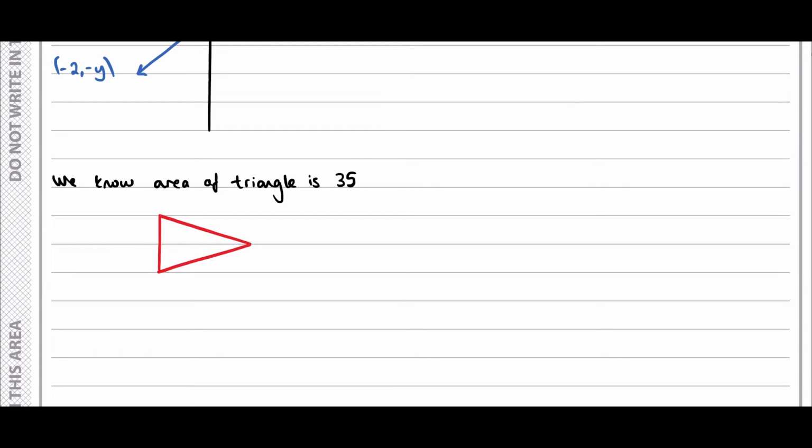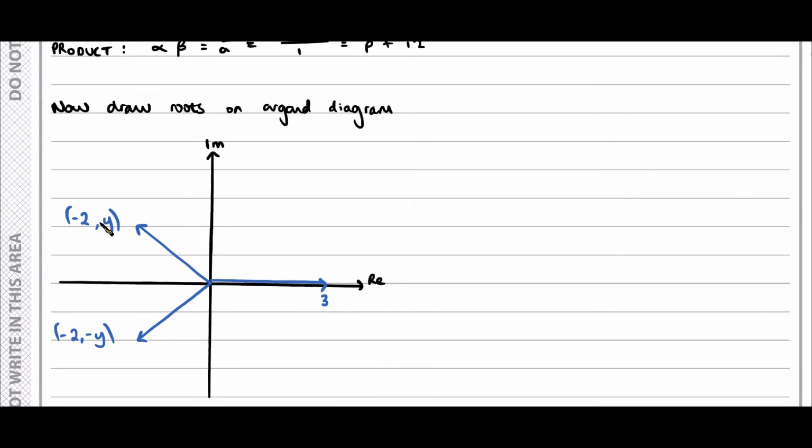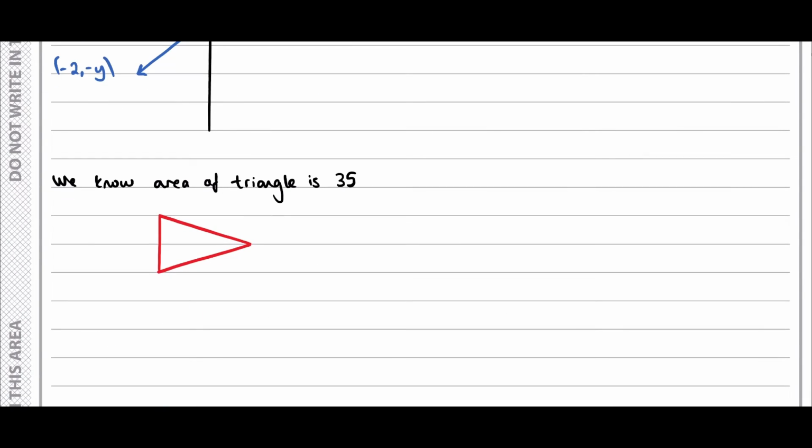Now we know that the base of the triangle, we're going from y to minus y, so that would be a length of 2y. So let's just add this to the diagram.